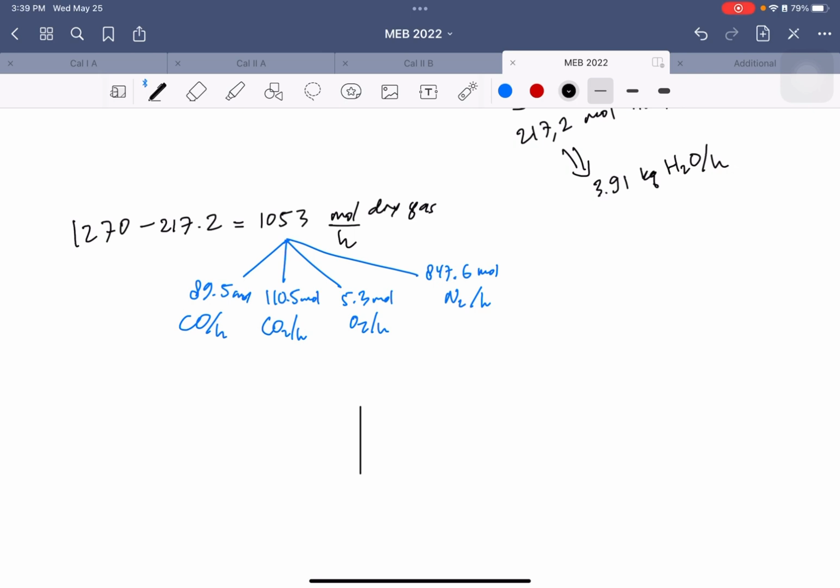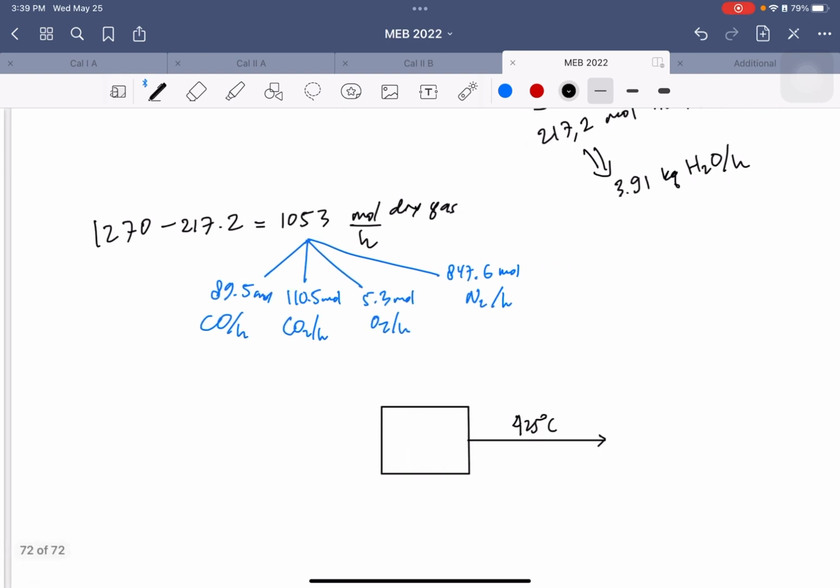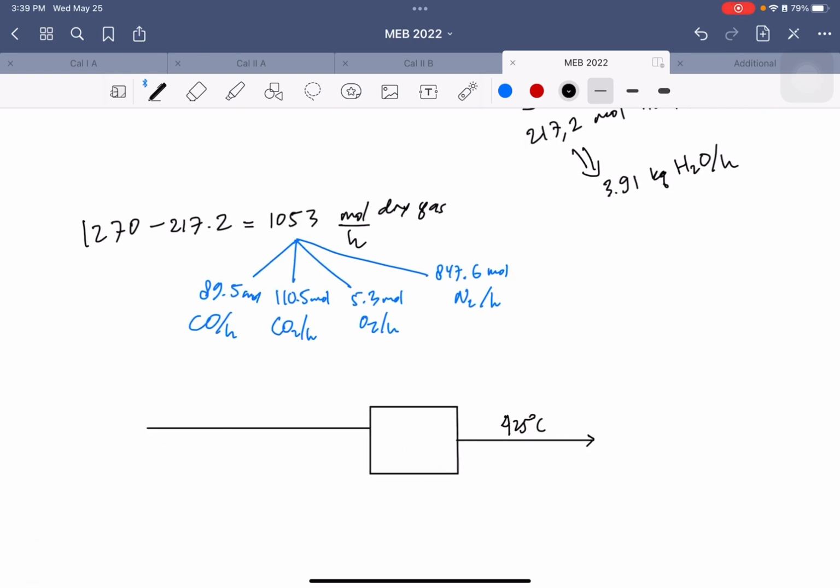Okay, and then take the diagram. This will be the temperature at the beginning and the total mole and the mass for water liquid per hour.